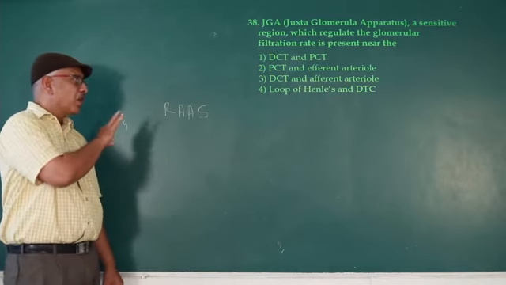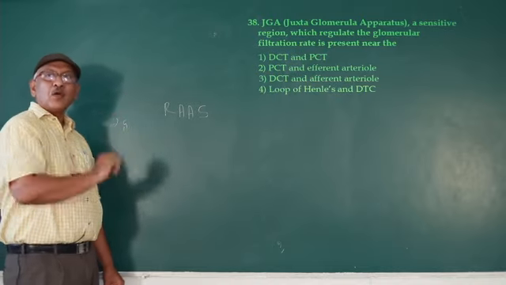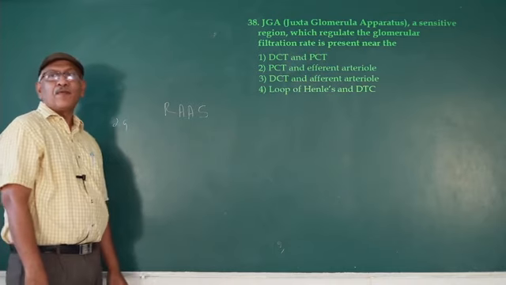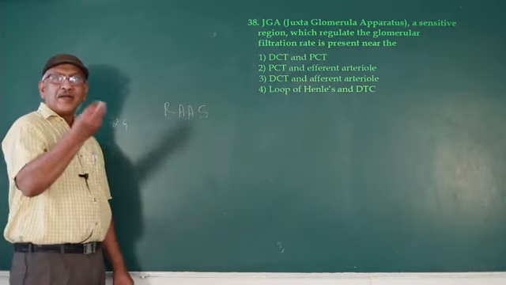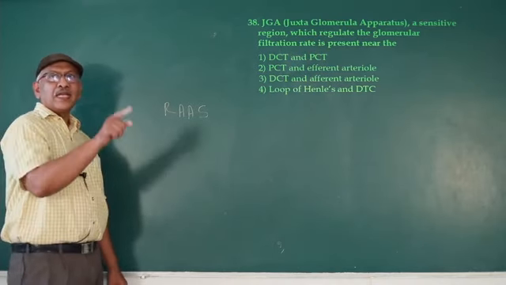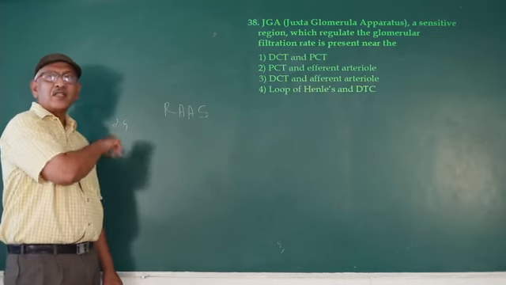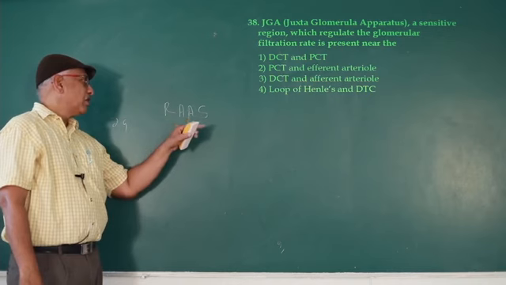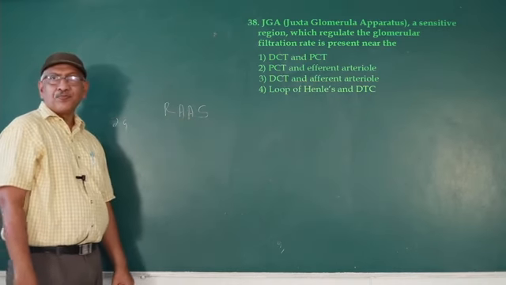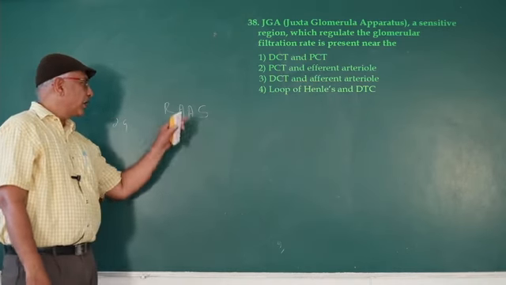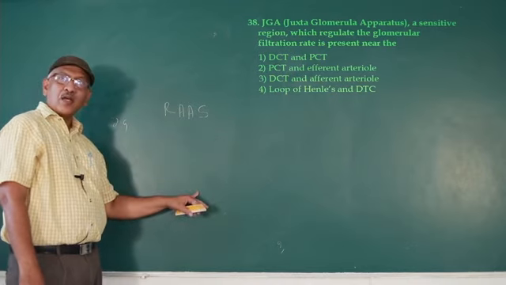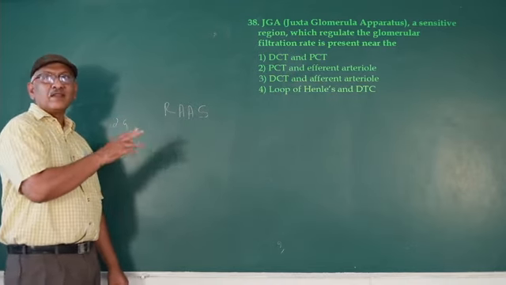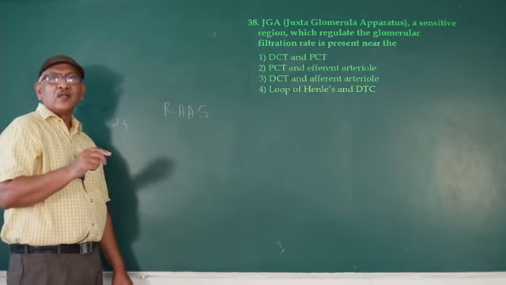Atrial natriuretic factor or peptide decreases the blood volume. So ANP is antagonistic to the RAAS. Renin, angiotensin, aldosterone and antidiuretic hormone, these are vasoconstrictors.